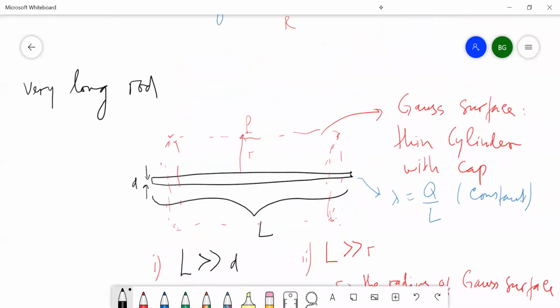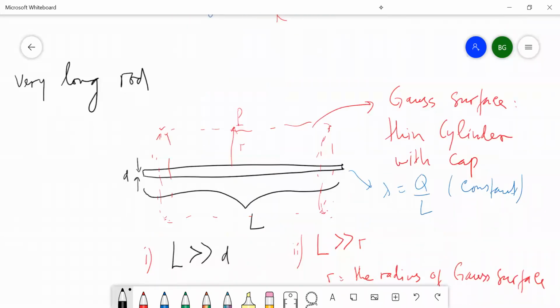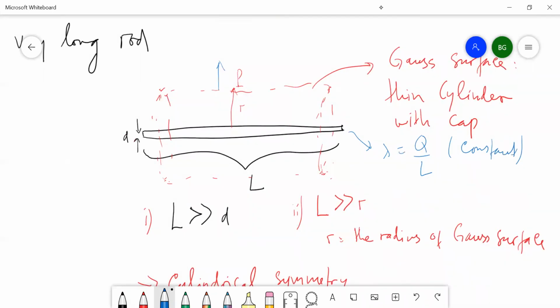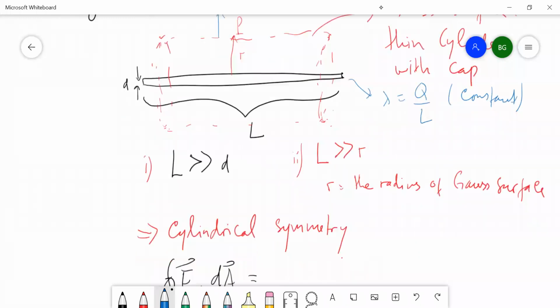So the electric field in this case, the direction is outward, so it means that it goes far away from the axis, outward to infinity.